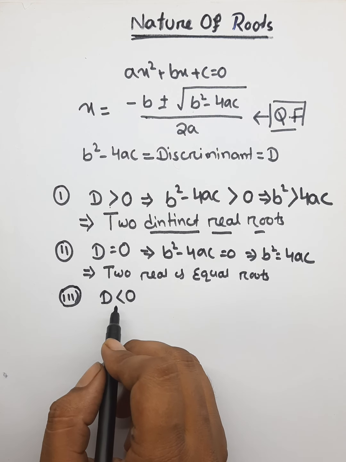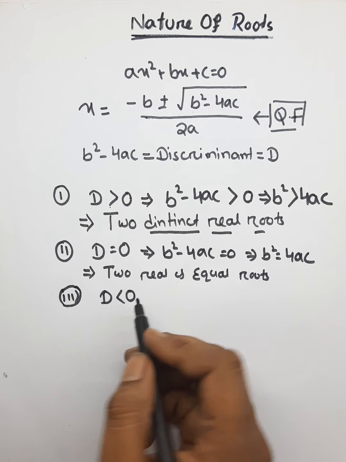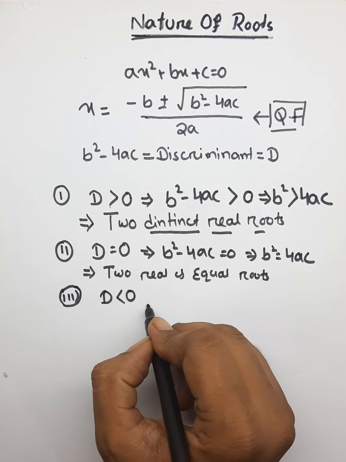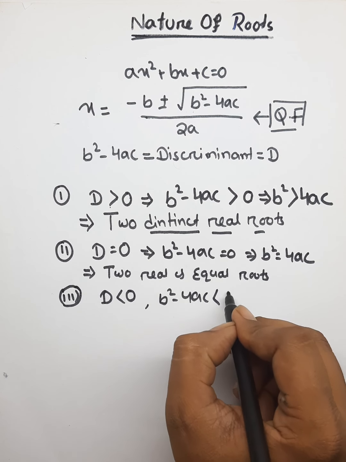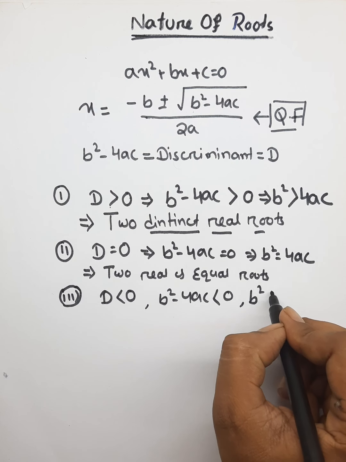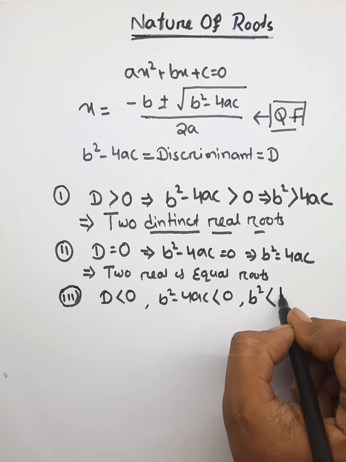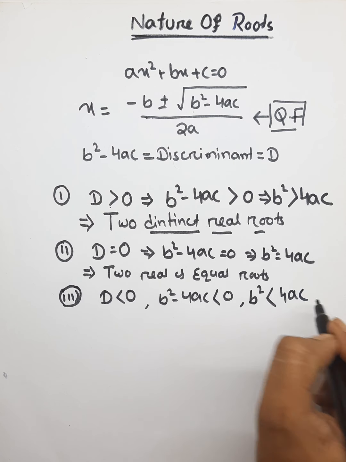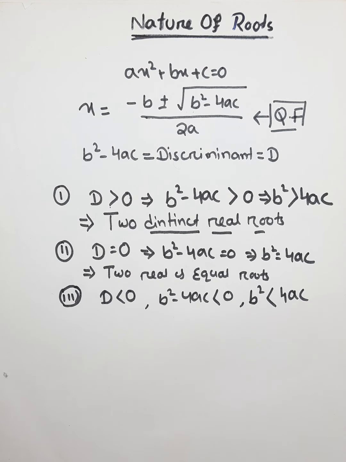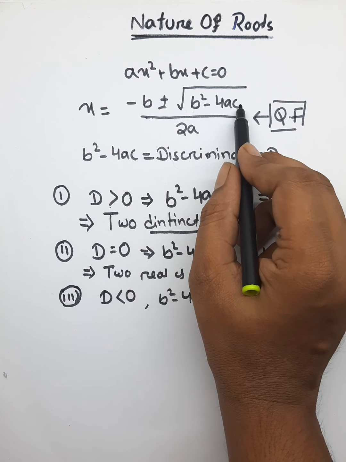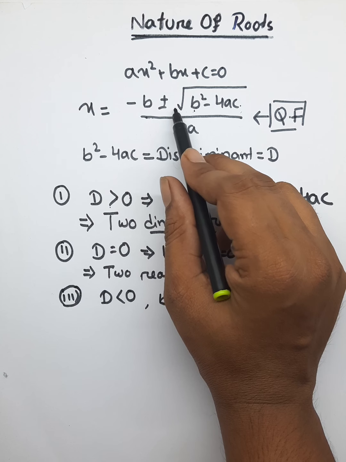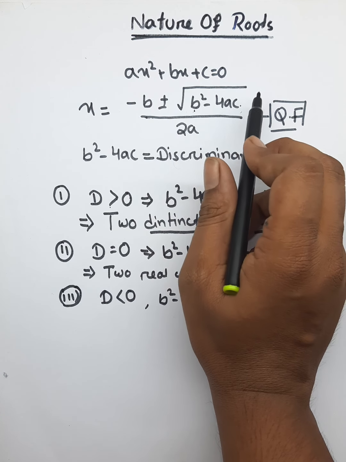Third case: if D is less than 0, then b² - 4ac is less than 0 and b² is less than 4ac. Then 4ac is greater than b², so the result under the root will be negative, which is not defined.